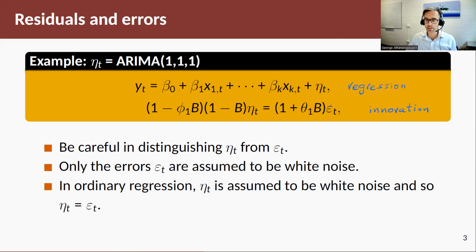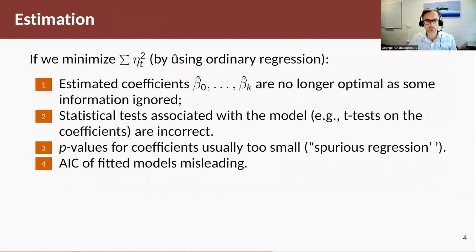Now, if we estimate this regression model assuming that eta t is white noise and it is not, then we have problems. If we try to minimize the sum of squared errors where the error is autocorrelated, meaning eta has some dynamics in it, we get estimates of the coefficients in the regression model which are no longer optimal.